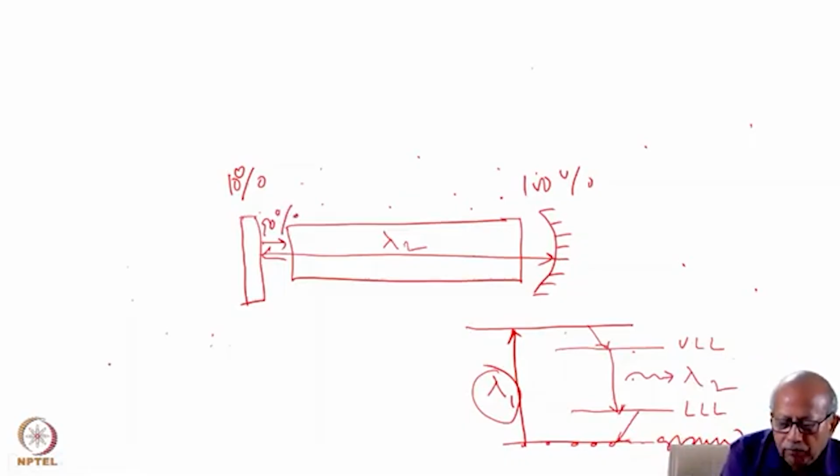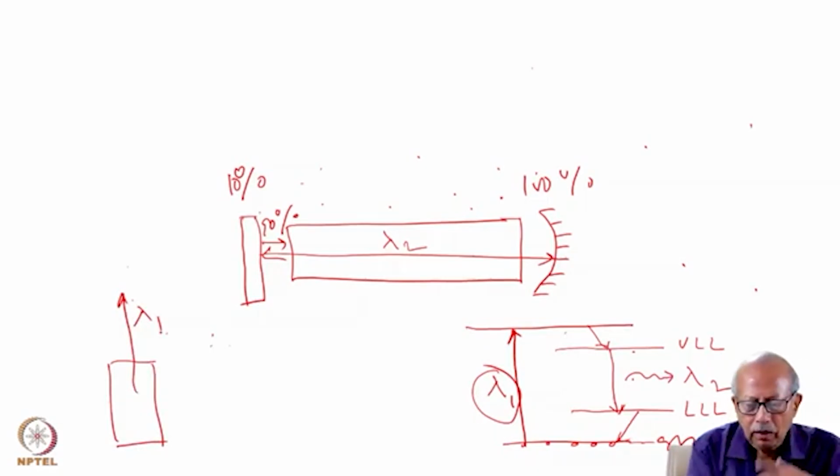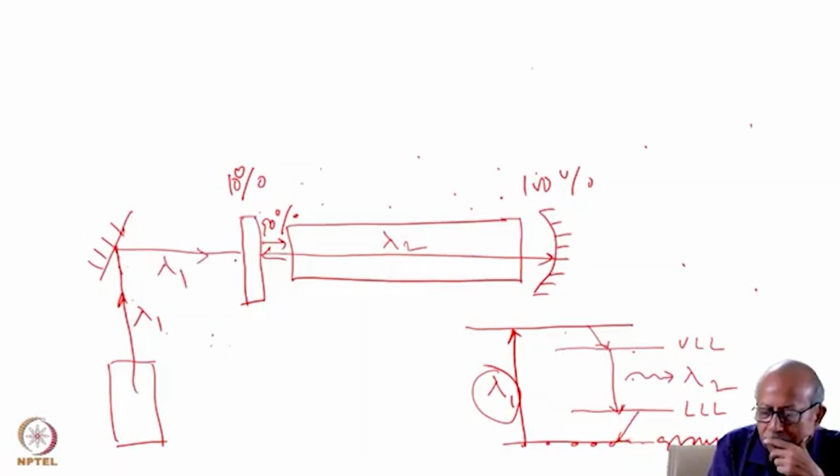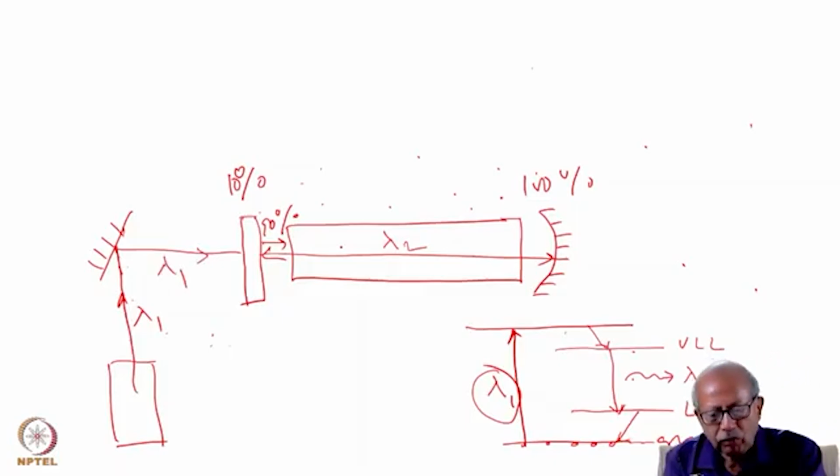So our pump laser emits at a wavelength which is lambda 1. Now let us assume that this partially transmitting mirror has some transmission at wavelength lambda 1. It transmits some part of lambda 1 into this region.